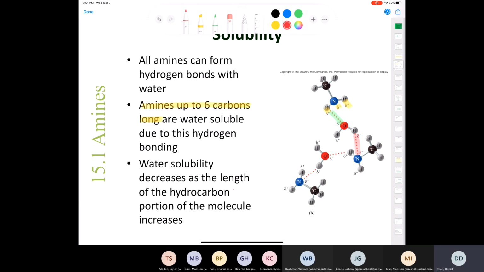Now, why would that be? Because hydrocarbons are nonpolar. As that nonpolar chain gets bigger and bigger, it's going to render the molecule less and less soluble in water. So again, this is just a general rule of thumb that if we have an amine up to 6 carbons long, it's generally speaking going to be water soluble.